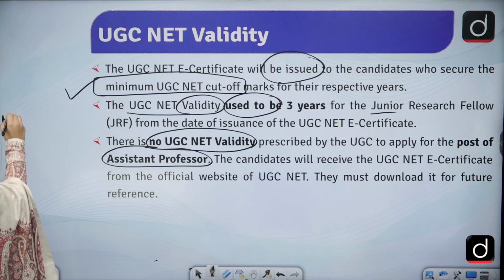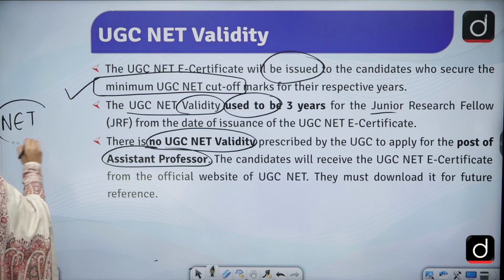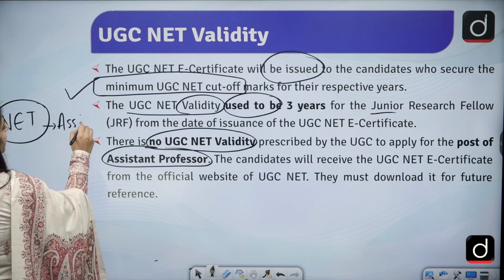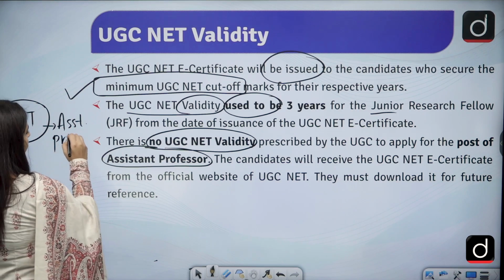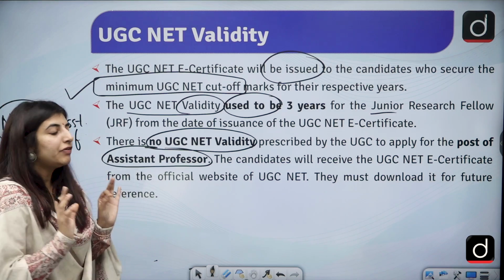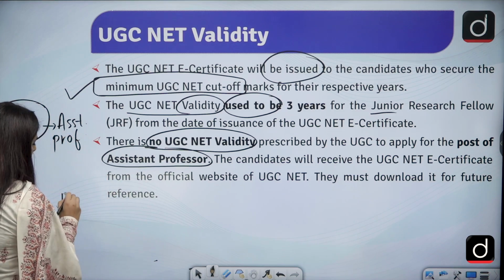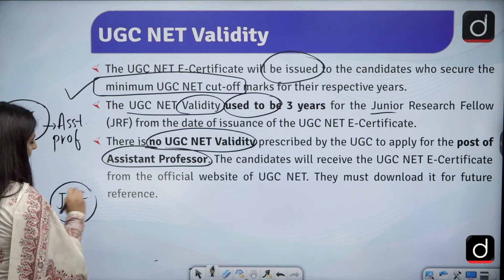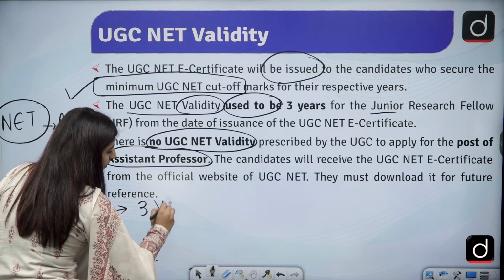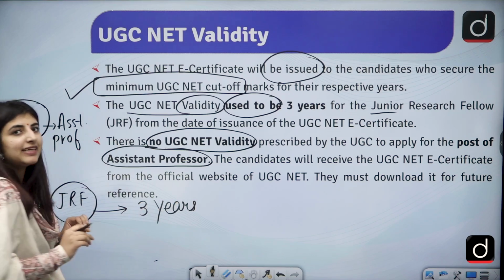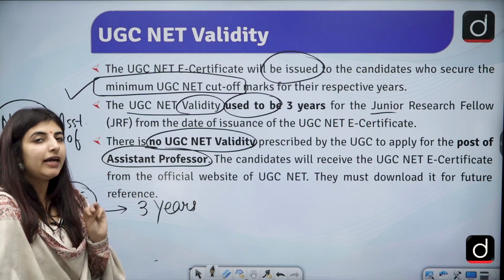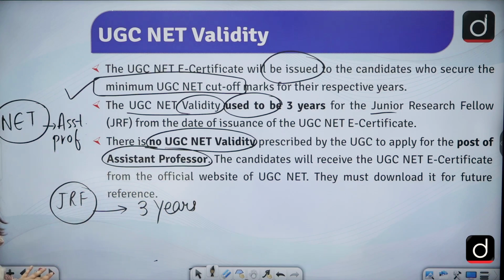That means if a person has appeared for only the NET examination, for the post of an assistant professor, then the certificate is valid for lifetime. But if a person has appeared for the post of a JRF, then the certificate used to be valid for 3 years only, which means that you should enroll in PhD within 3 years of this certificate validity, right?